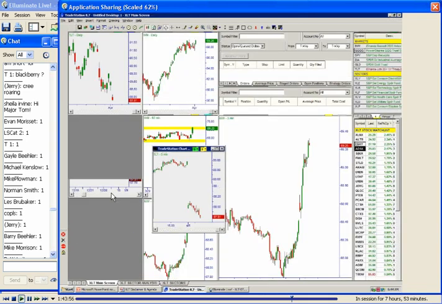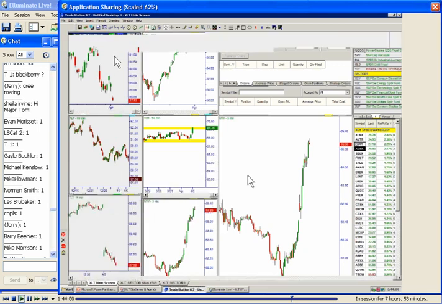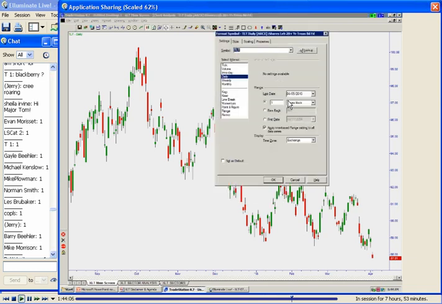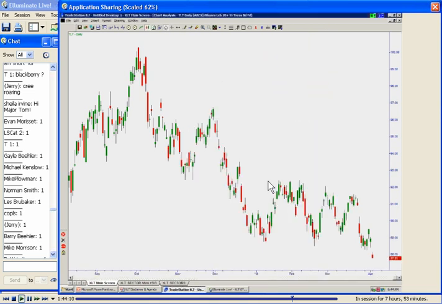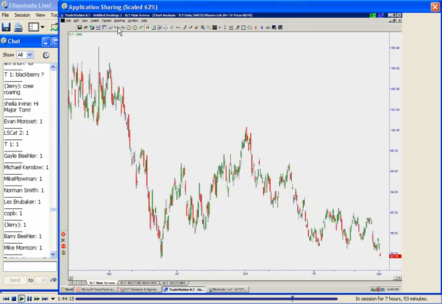Let's see. Take a look at the daily here. Yeah, we've got to go back a ways to see this. But oftentimes when it has that inverse relationship, it's a nice little odds enhancer for us. A lot of traders will use that when they look at their supply and demand zones as far as their odds enhancers.